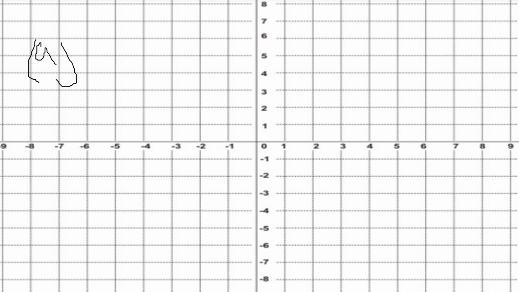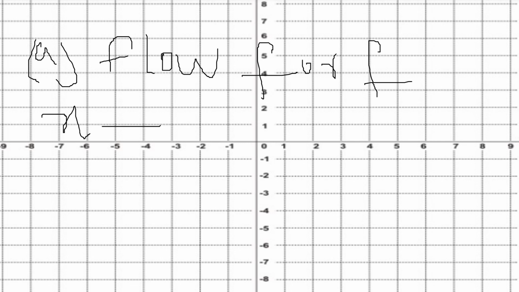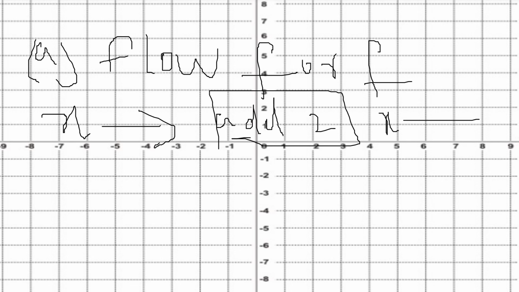So step A, I will write a flow diagram for f. A flow diagram for f. How? X, I will say add 2 in the flow diagram. So I get f of x is x plus 2.